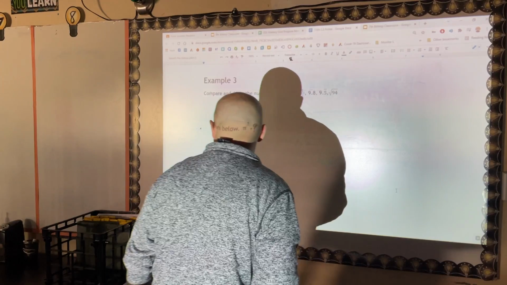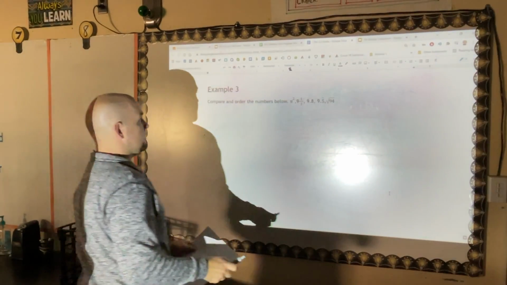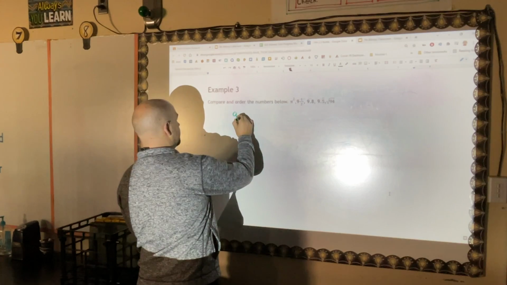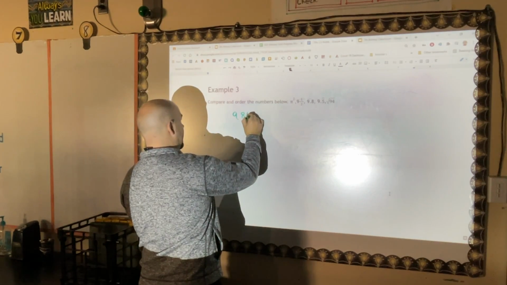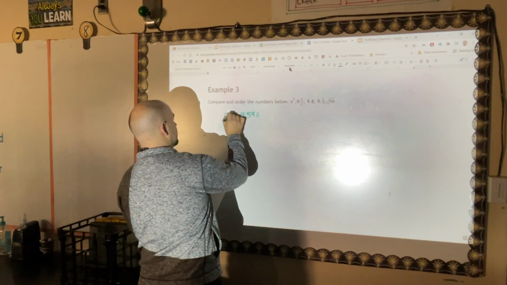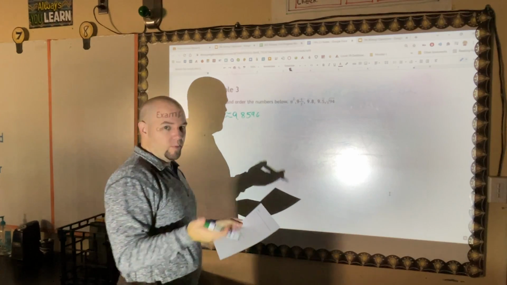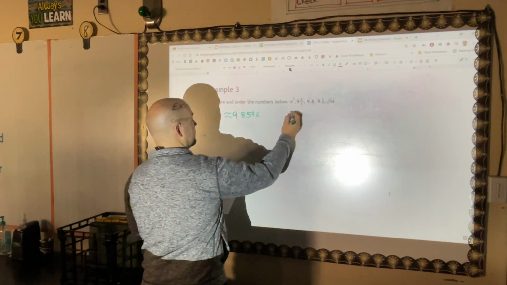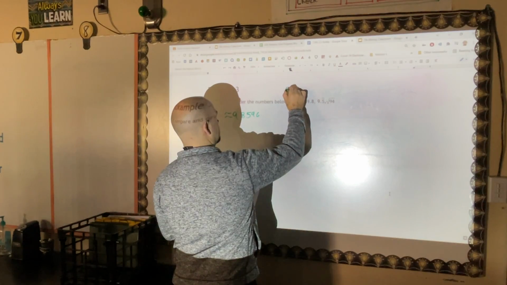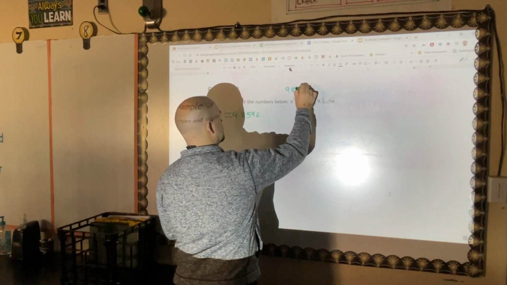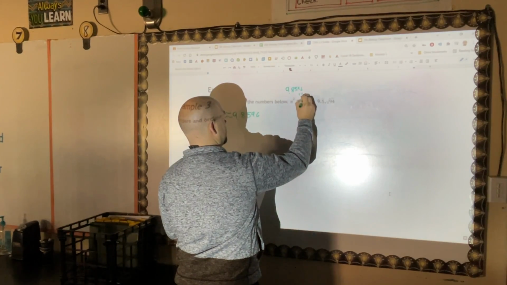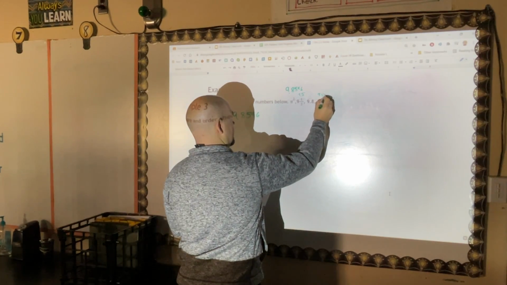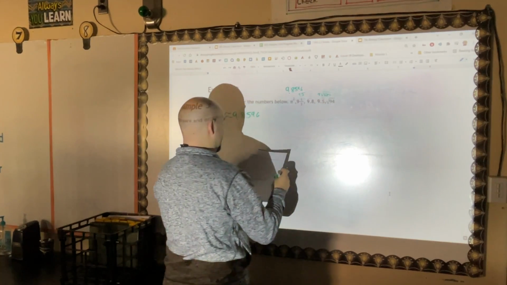Compare and order the numbers below. So pi squared is 9.8596 approximately, just by going 3.14 squared. 9.5 is 9.5, 9.8, 9.555, on and on and on.